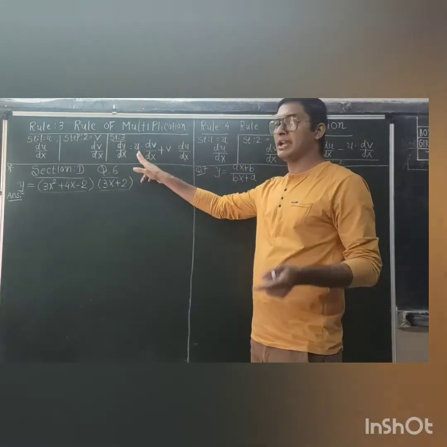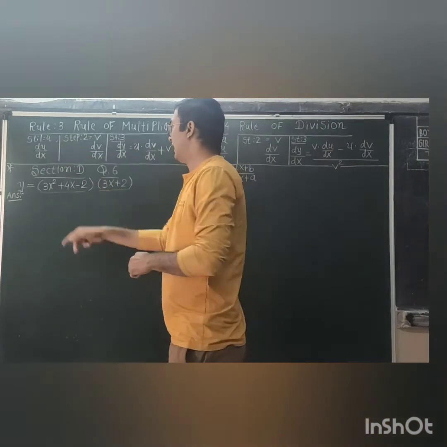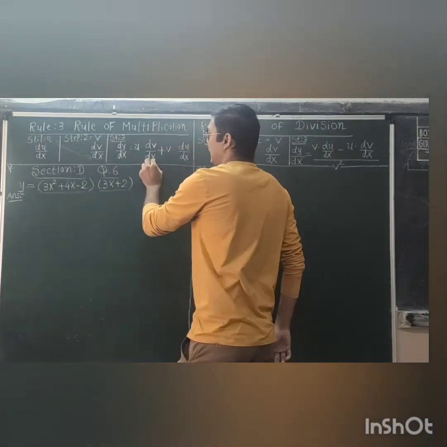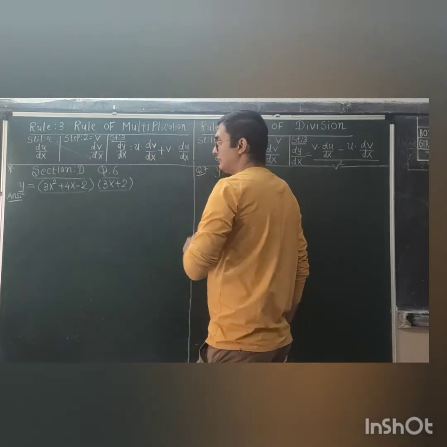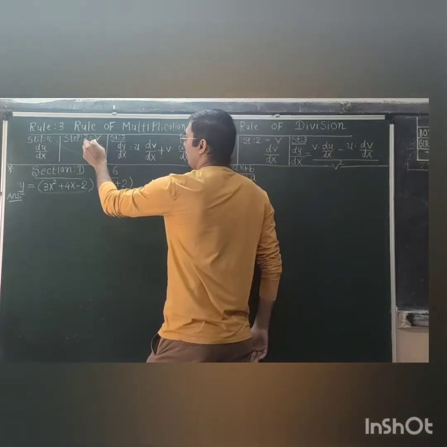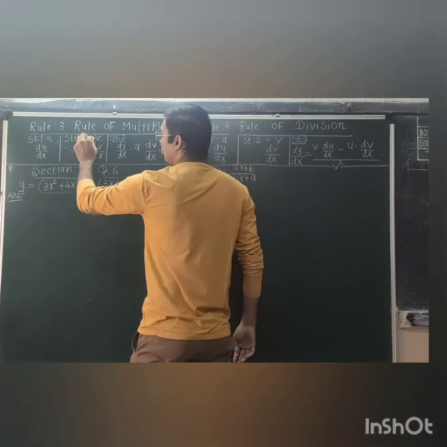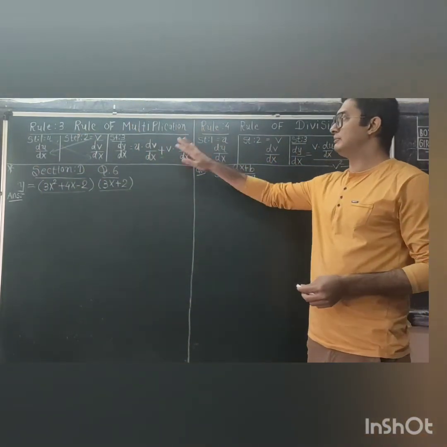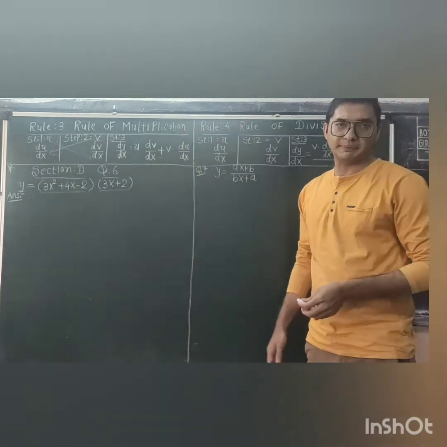First of all, we have to write u and multiply it with dv upon dx, and then the positive sign plus. We have to write v and multiply with du upon dx. So this method is called the rule of multiplication.